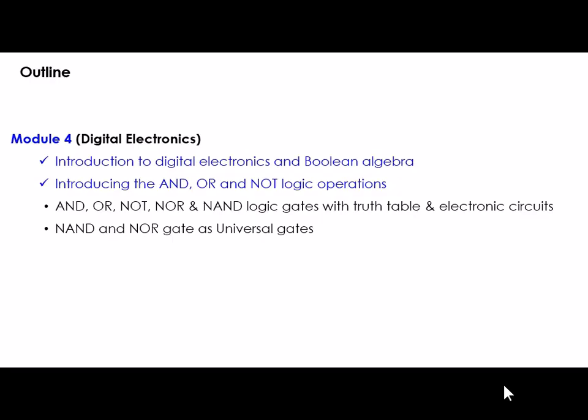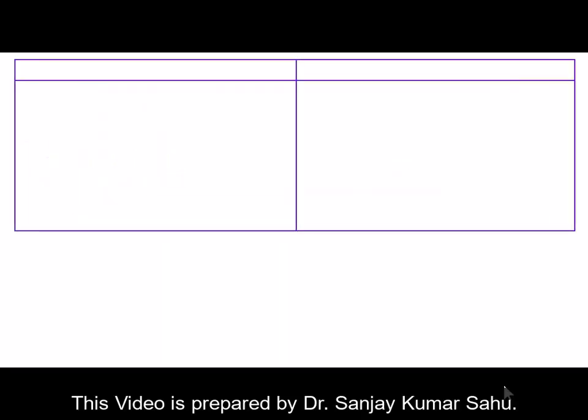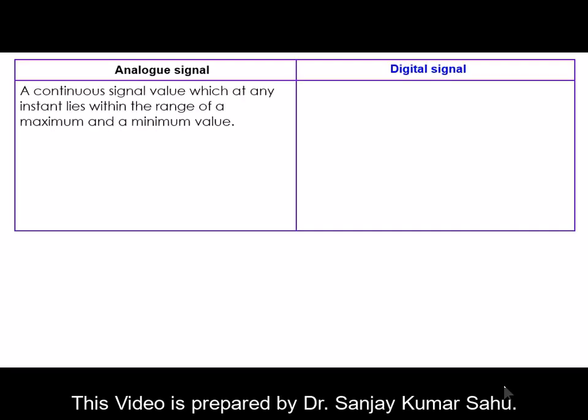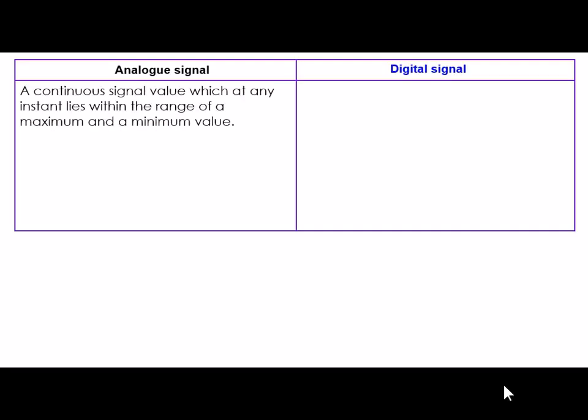Now, before going to digital electronics in detail, let us have a brief idea about analog signal and digital signal. An analog signal is a continuous signal value which at any instant lies within the range of a maximum and minimum value.